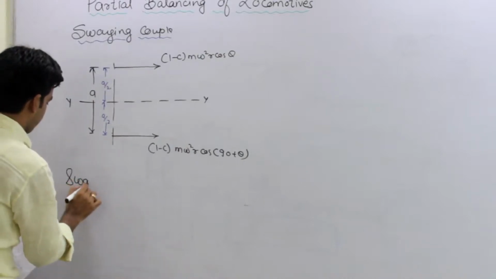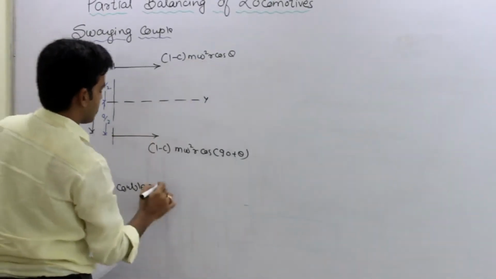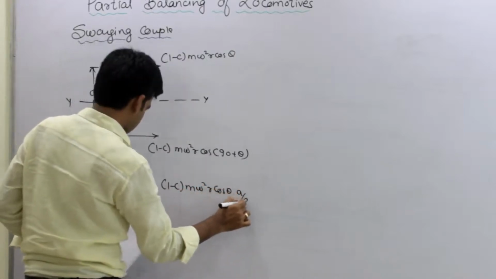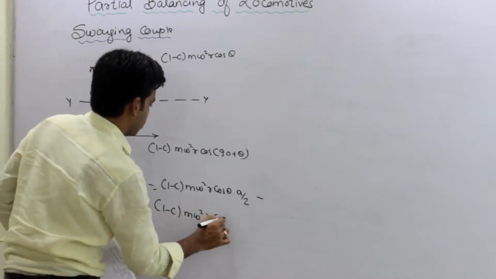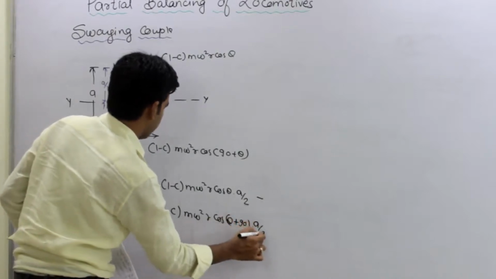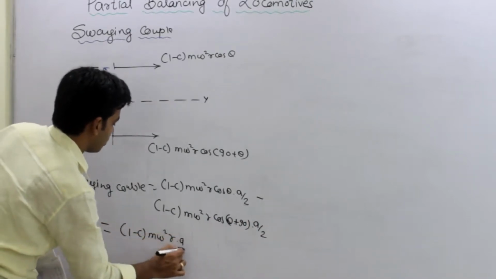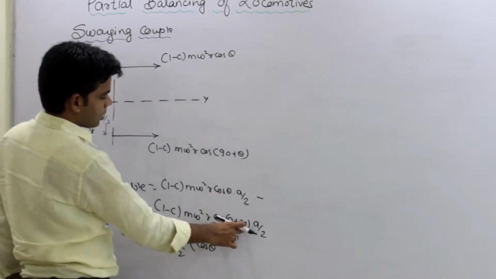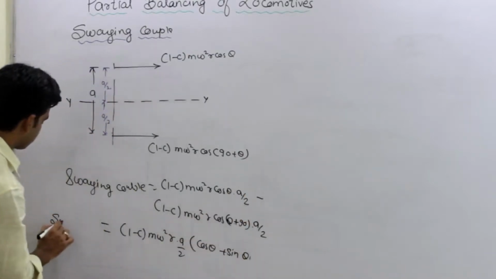This swaying couple is equal to (1 minus C) m omega square r cos theta into a by 2 minus (1 minus C) m omega square r cos of theta plus 90 into a by 2, or you can say (1 minus C) m omega square r into a by 2, in bracket we have cos theta. Now cos of 90 plus theta is minus of sin theta, and minus minus is plus, so plus sin theta. So this is the value for the swaying couple.